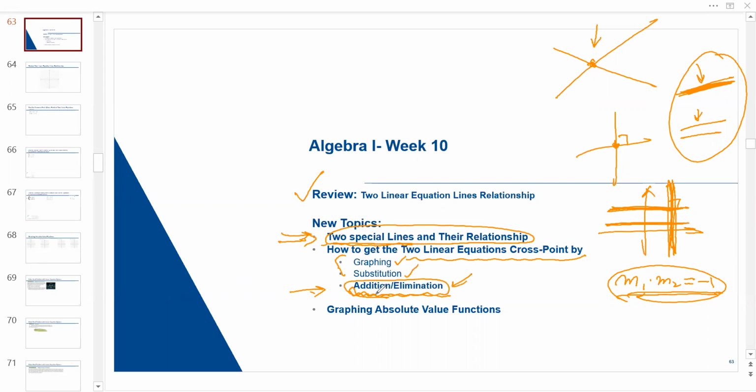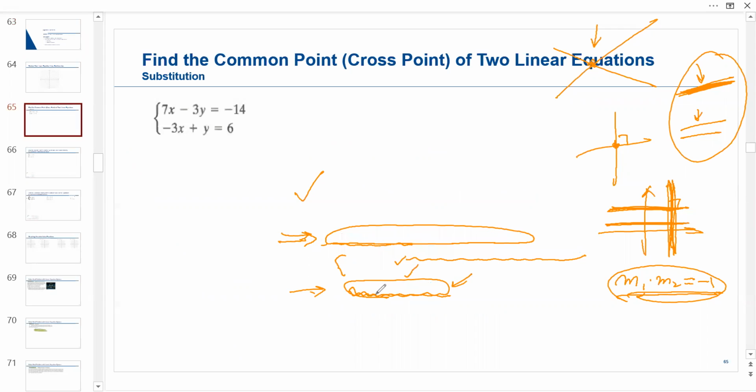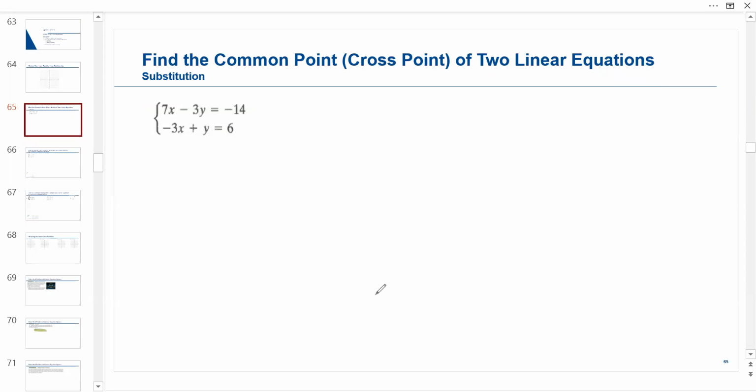All right, let's see some examples. Find the common point of two linear lines by substitution. Substitution is the last method we learned, so let's use the substitution method we're familiar with.